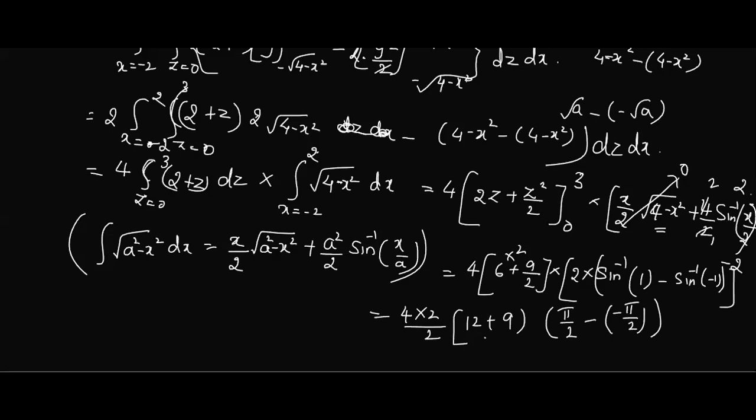What is the value of pi by 2 minus of minus pi by 2? Pi. So pi into, just simplify this. Tell me the last answer. 12 plus 9 is 21. 21 into 4 is 84. So the value of this is 84 pi.